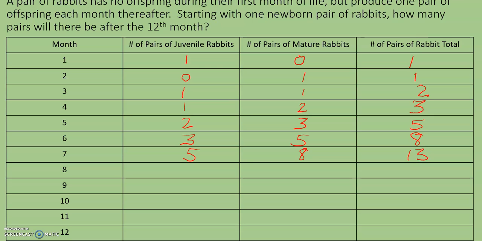Those 8 pairs of mature rabbits give us 8 pairs of juvenile rabbits.